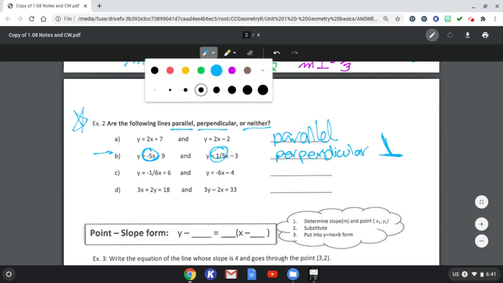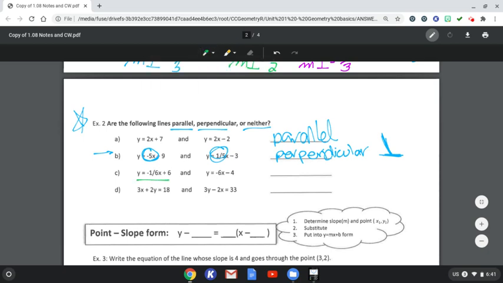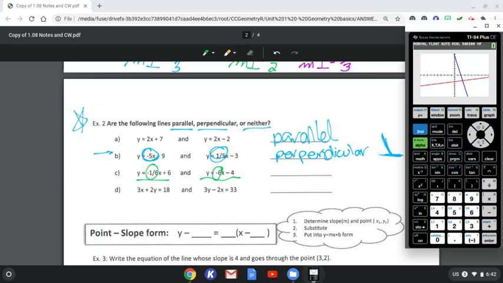Letter C is a little bit different. Here we have -1/6 and -6 as two slopes. Those are both negative, so in the graph, those are both going to come down your paper.